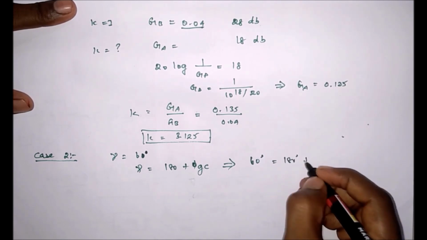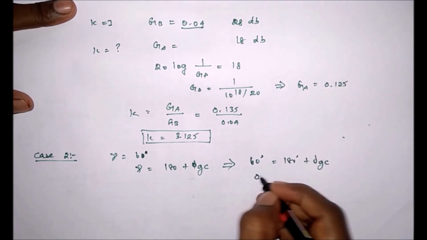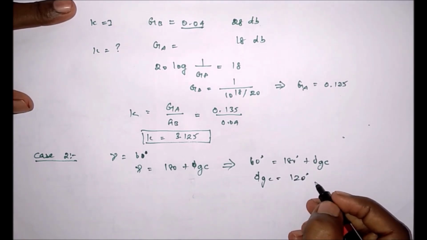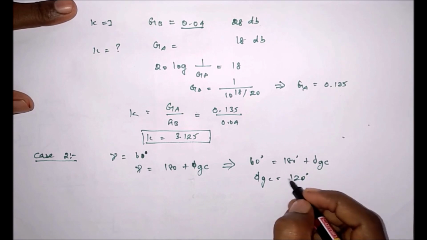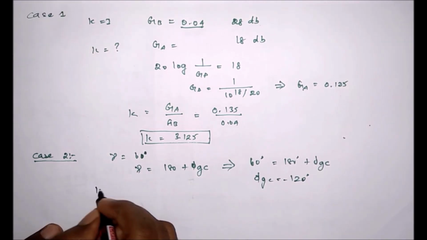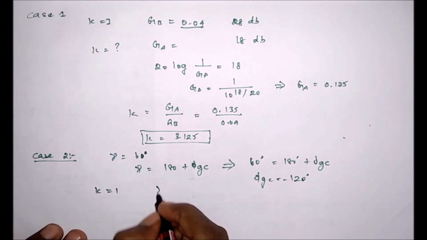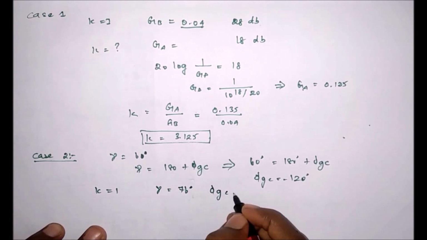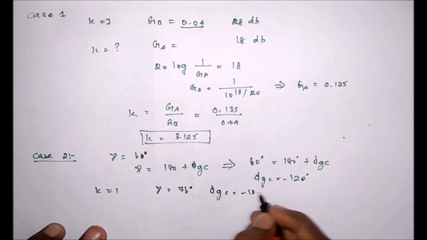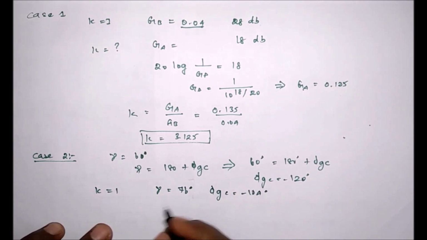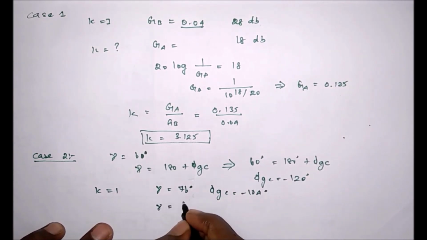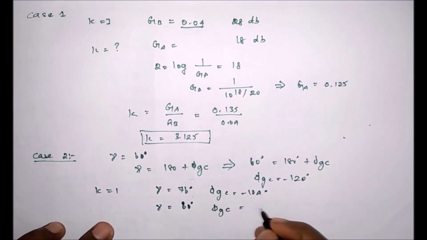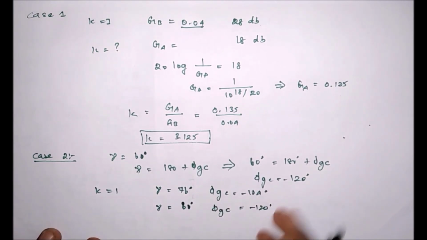So 180 plus phi GC, so phi GC equal to minus 120 degree. When K equal to 1, the phase margin equal to 76, phi GC equal to minus 104. Now for the required phase margin of 60 degree, phi GC is minus 120 degree.